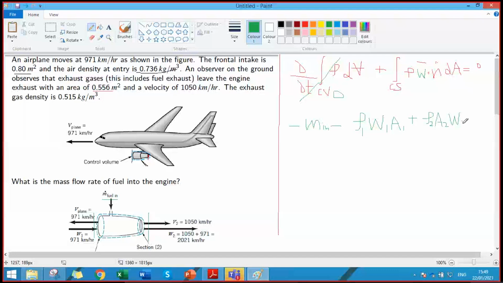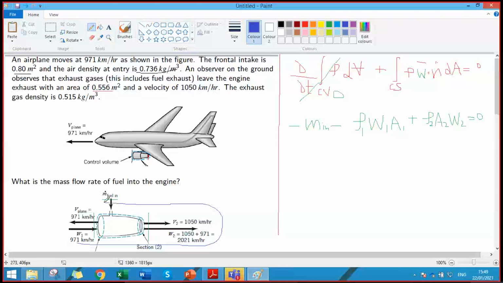In this equation, we know rho 1, A1, rho 2, and A2, but we don't know W1 and W2. We can calculate these. They are shown in this picture here. But how W1 and W2 are calculated for a moving control volume is the key concept.